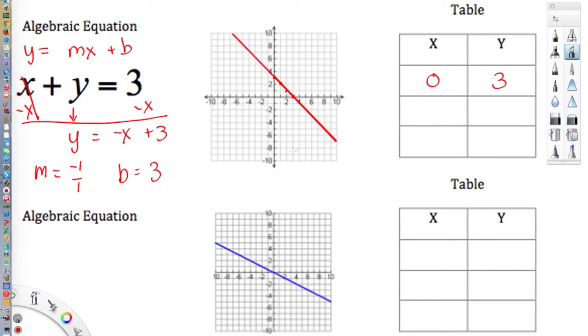Okay, get the idea, and we have a downward slope. We can continue. When x is 1, y is going to be 2, and when x is 2, y is going to be 1. And we see a very interesting correlation. But there we have our data table.